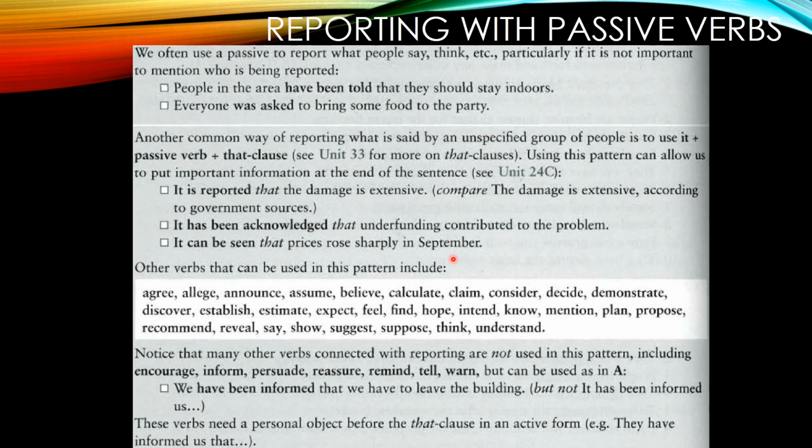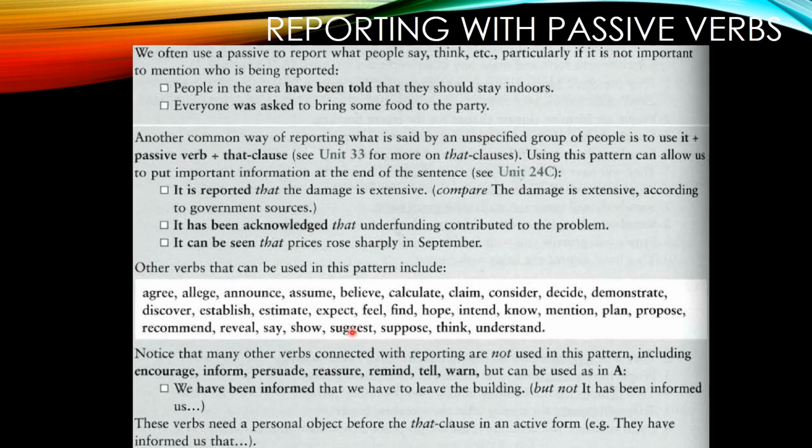Other verbs like that can be used in this pattern include agree, allege, announce, assume, believe, calculate, claim, consider, decide, demonstrate, discover, establish, estimate, expect, feel, find, hope, intend, know, mention, plan, propose, recommend, reveal, say, show, suggest, suppose, think, and understand.